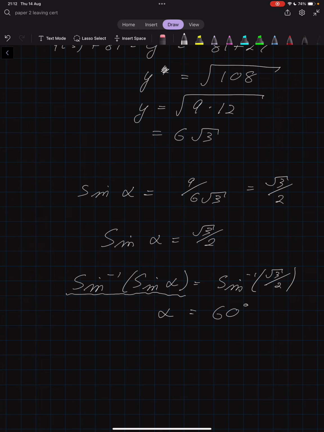If I'm sine, then say I'm wrapping the present, and then sine inverse will unwrap it. So what did you start with? You started with a tie, I wrapped it, sine inverse unwrapped it. So what are you left with? A tie. So you started with alpha, you give it to sine, you then give that to sine minus 1, and now you end up with just alpha on its own. Okay? So that's how you do the inverses.